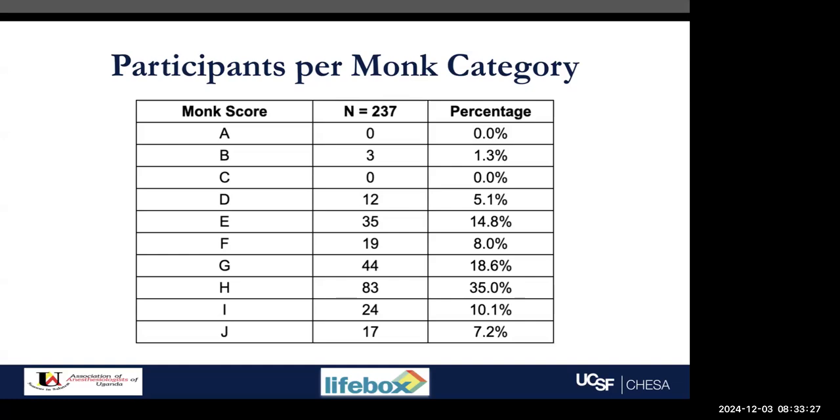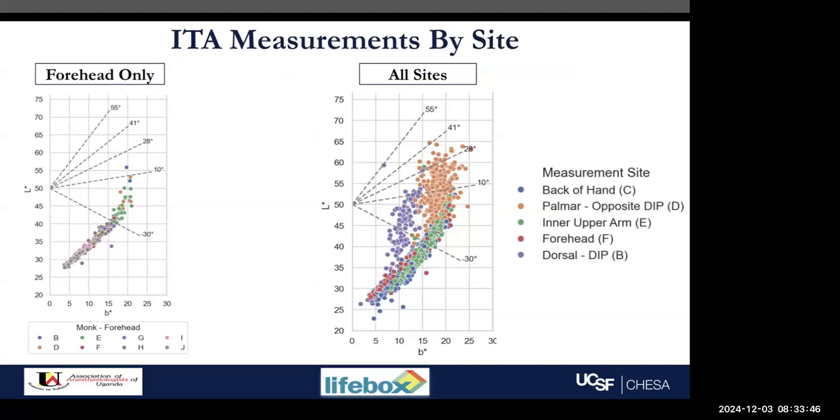We have the majority lying within H at 35%, and actually more than 50% are falling in the HIJ for the forehead. Next slide. So the majority are dark-skinned.